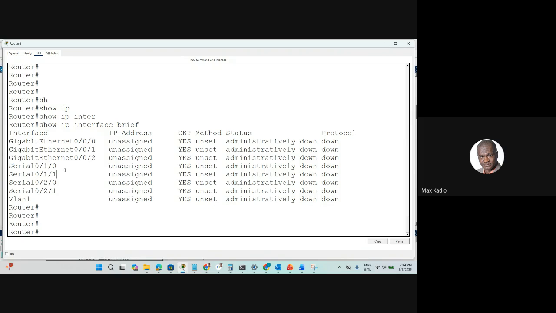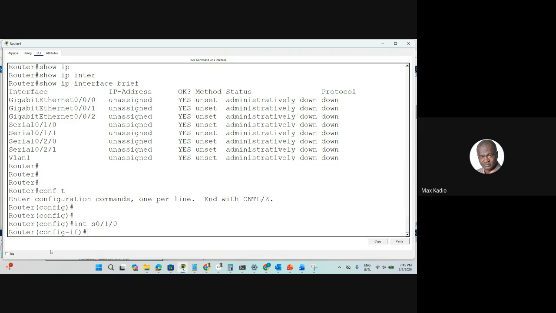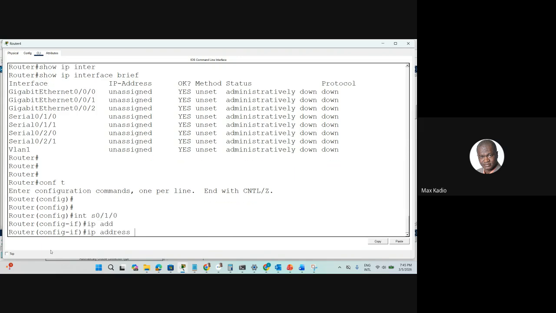Now, if we ask you to configure serial 0/1/0, configure terminal, interface S0/1/0, ip address, we'll be doing that on Saturday, ip address 192.168.170.111.